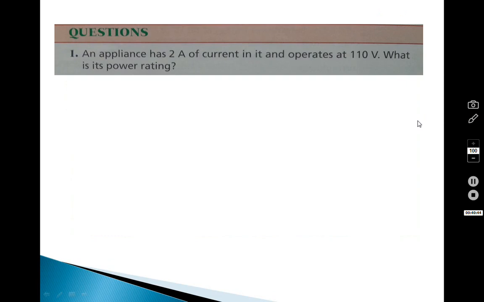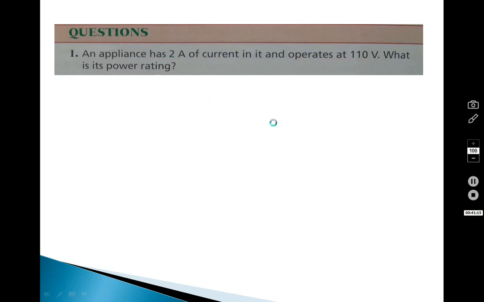Okay. The same kind of question here. We have a current of 2 ampere, and it operates at 110 volt. So what's the power rating?